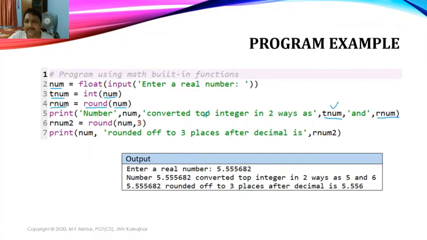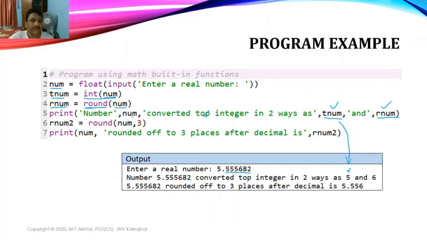In tnum, 5 is stored and in rnum, 6 is stored, because we have used the int function for tnum and the round function for rnum. What does the int function do? It truncates the decimal part from the number, so only 5 is displayed here.